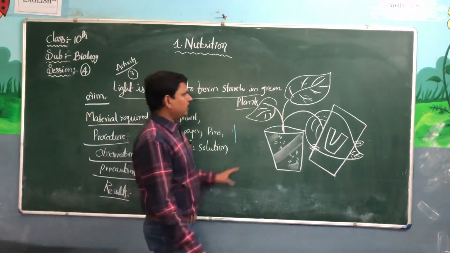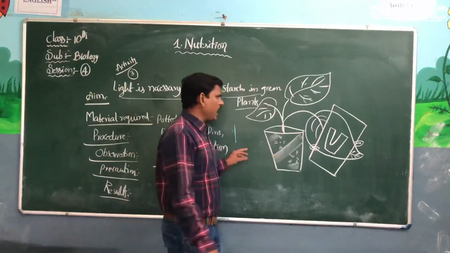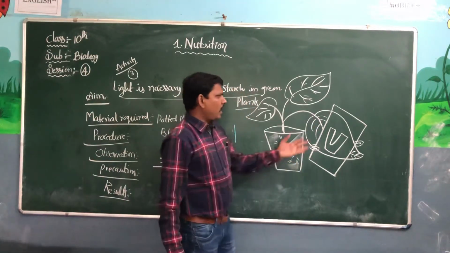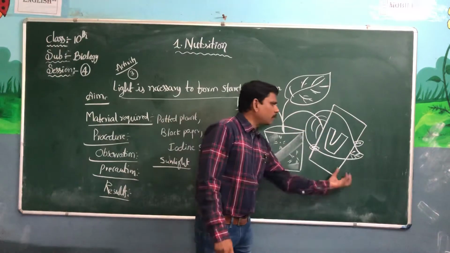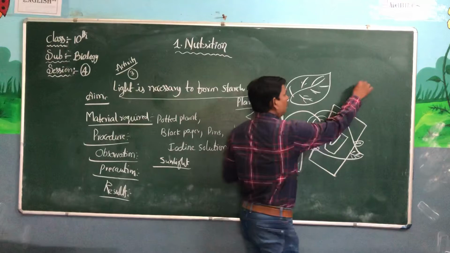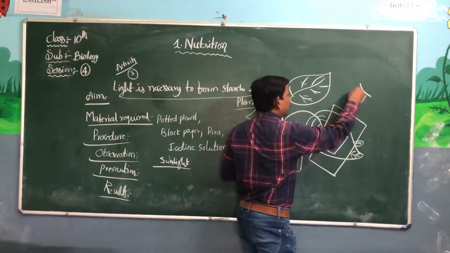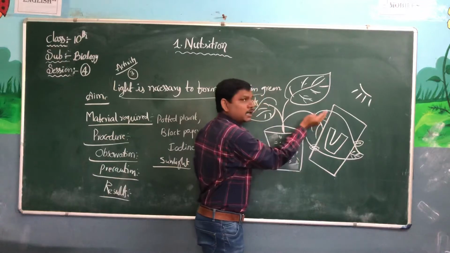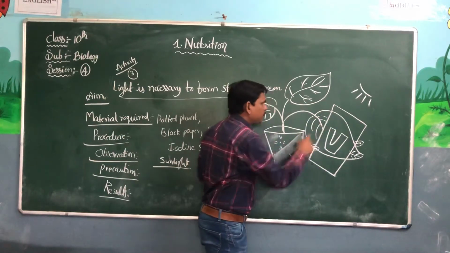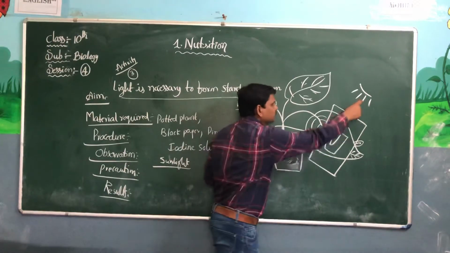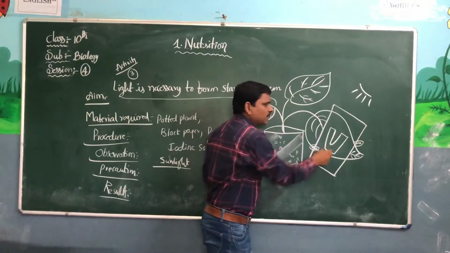When this experiment is kept in the sunlight, this leaf is absorbing water, and this leaf is absorbing carbon dioxide, but this leaf is also absorbing sunlight. The part not covered by the black paper is exposed to the sunlight.